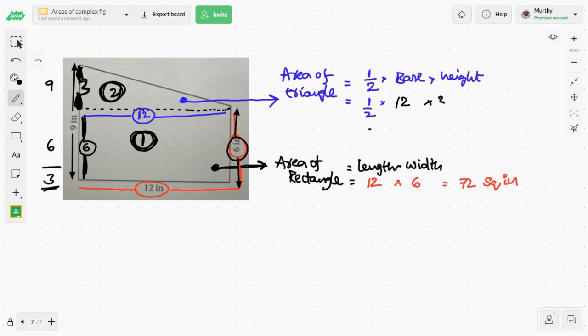Therefore, 3. I know that 12 times 3 gives me 36. Half of 36 is going to be 18 square inches. Now, the sum of these two areas gives me the total area. Therefore, you may add them. Then it is going to be 90 square inches.